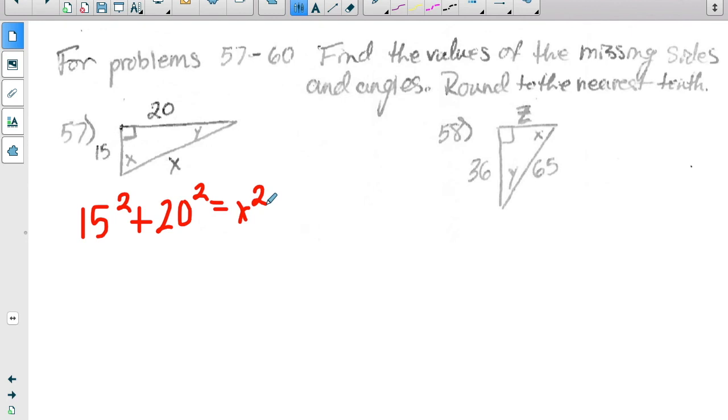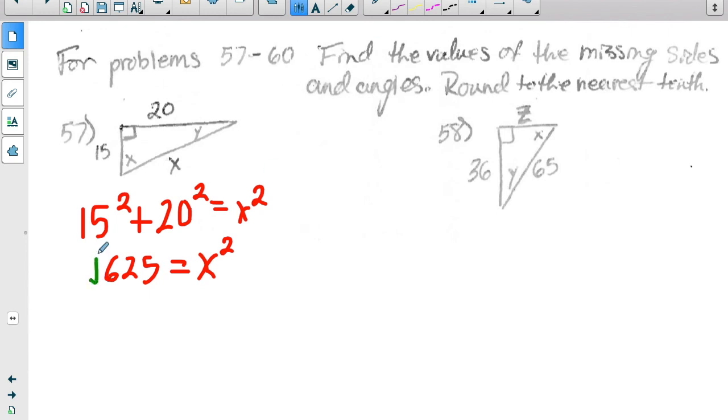And luckily for us, 15 and 20 are both on the same side, so I can type that into the calculator. Do 15 squared plus 20 squared. And 15 squared plus 20 squared is 625, which is equal to x squared.